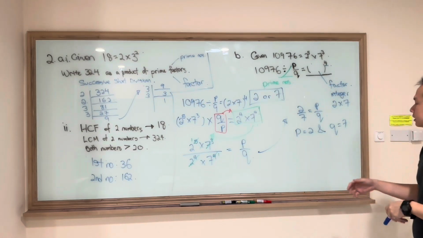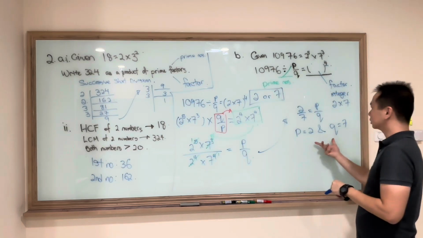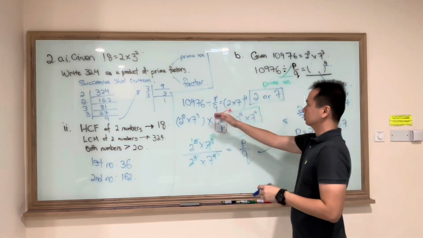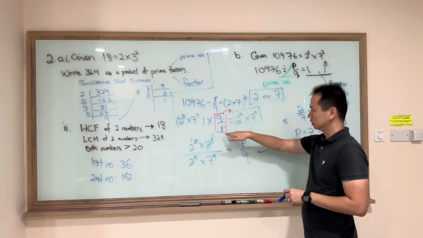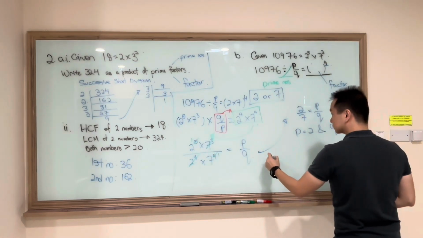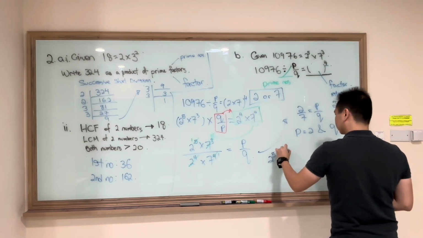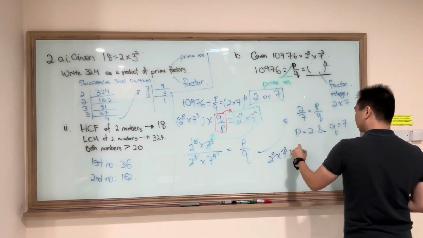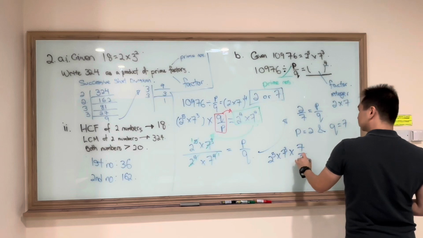So next, how do we ensure that this is correct? Let's plug this whole thing back into here. And from here we know that it is equal to this line over here. I'm going to write this line down here. 2 to the power of 5 multiply 7 to the power of 3, then multiply 7 over 2.